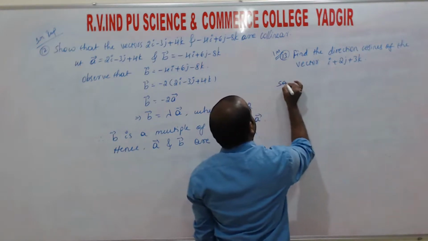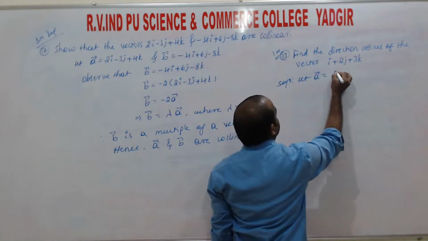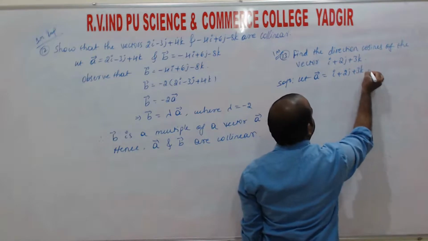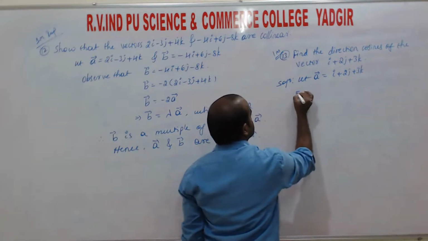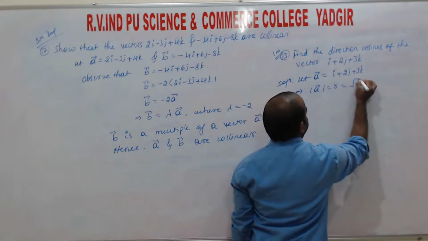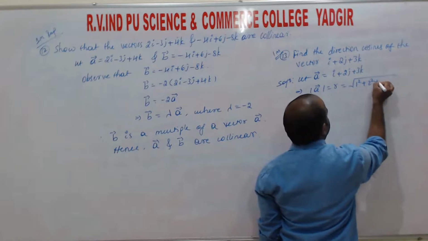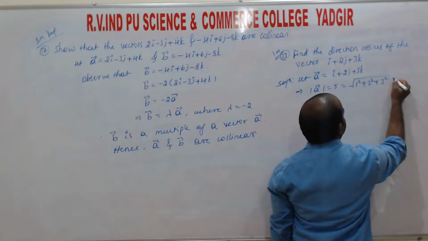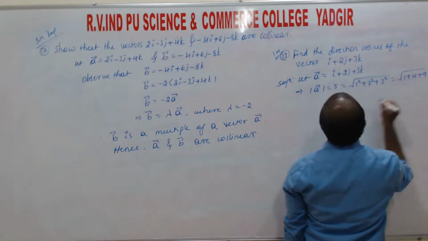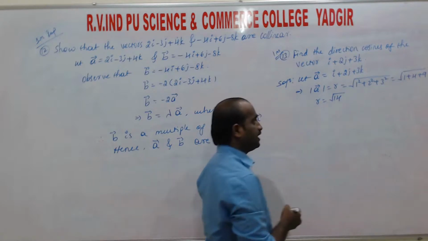In the solution, you have to mention that vector A is i plus 2j plus 3k. The magnitude of A vector is r, which is root of 1 plus 2 square plus 3 square. Then you get 1 plus 4 plus 9, so r is equal to root 14.